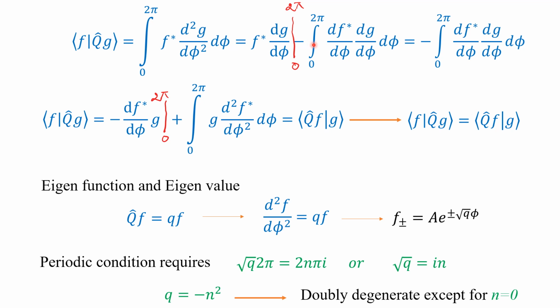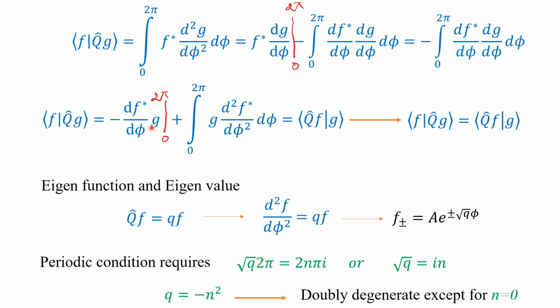So you will get only the second term, that is V du, where u is f star, so du is df star over dφ. The first term gets cancelled.